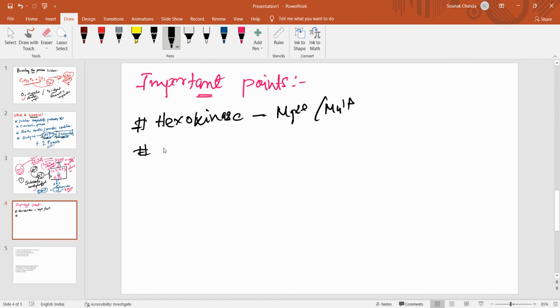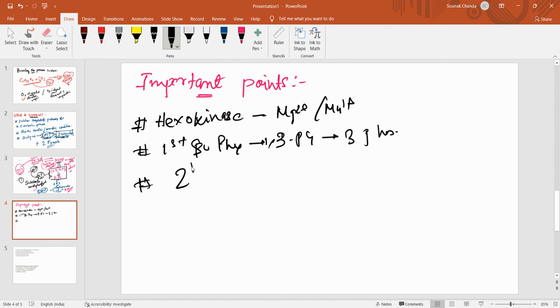Next, the first substrate level phosphorylation occurs from 1,3 bisphosphoglycerate to 3 phosphoglycerate.